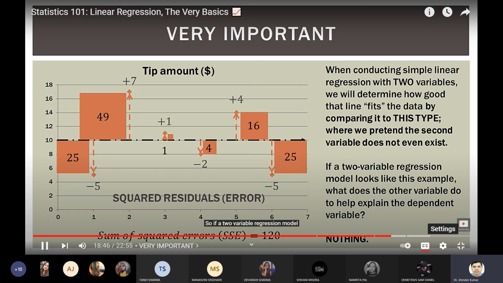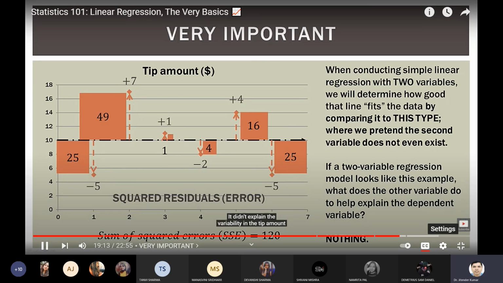So if a two-variable regression model looks like this example, what does the other independent variable do to help us explain the dependent variable? Well, it does nothing. If we introduce bill amount into a two-variable simple linear regression, but the best fit line looks exactly like this, then the bill amount didn't give us anything.